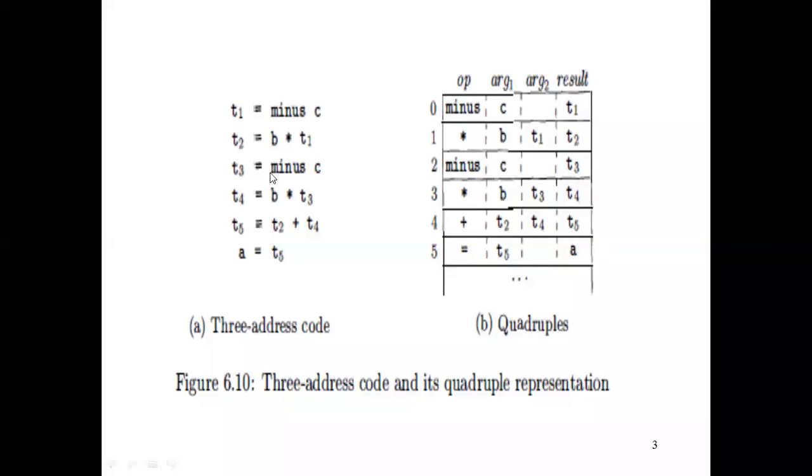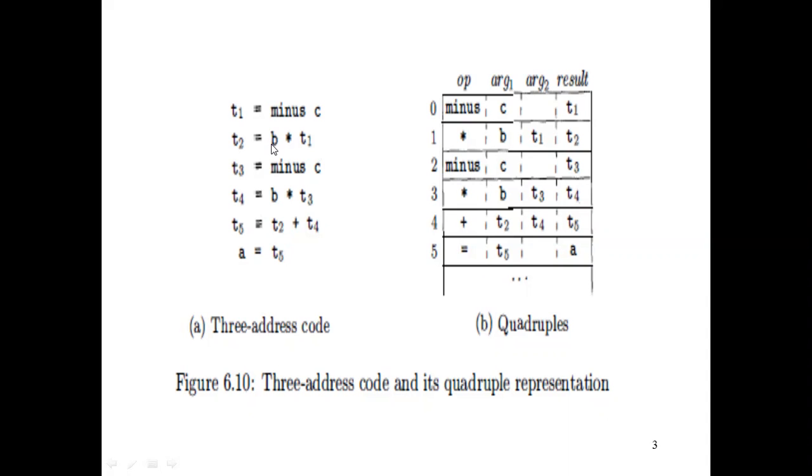Now come to the next line, T2 is equal to B star T1. Here you can see star is the operator symbol in this line. So we will write star, and now there are two arguments.